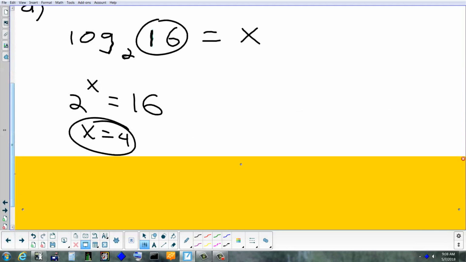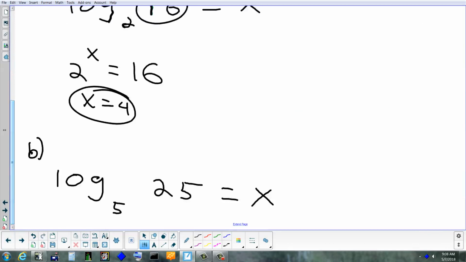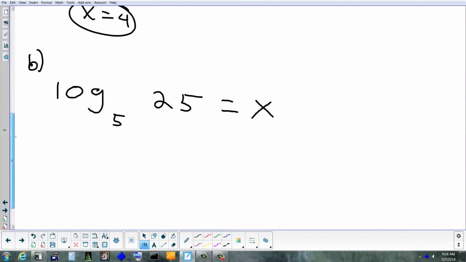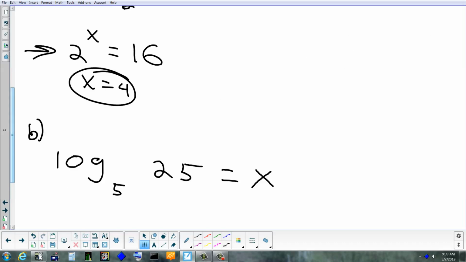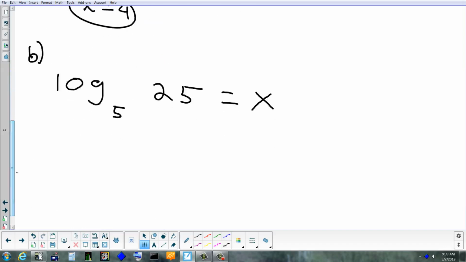All right. So let's try this one. It says log base 5 of 25 equals x. Now, after you've done a lot of logs and you get used to them, you really don't even need to do this step. You can kind of just look at it in your head and say, oh, 2 to what power is 16? This is basically saying 5 to what power is 25.